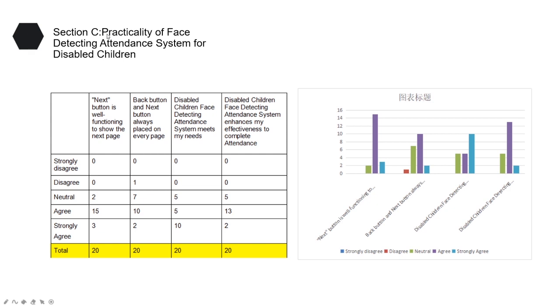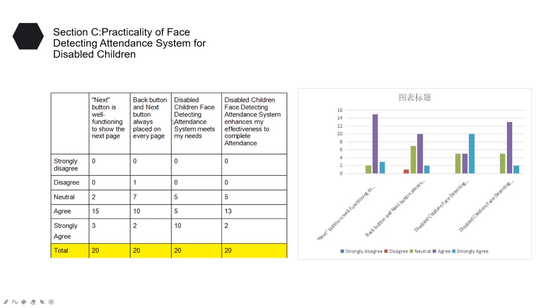And section C, practicality of the face detecting attendance system for disabled children. We can clearly see the first question is the next button is well functioning to show the next page, and the second is a back button, and the next button always placed on every page.